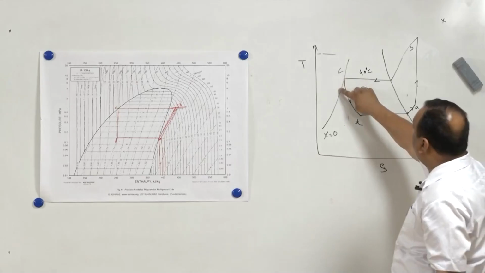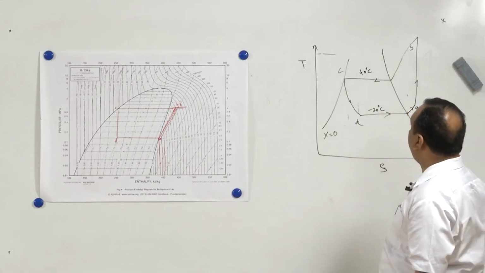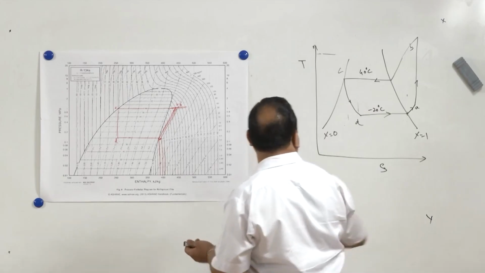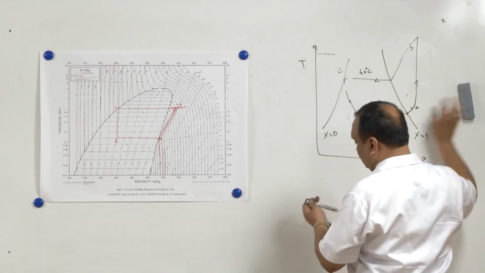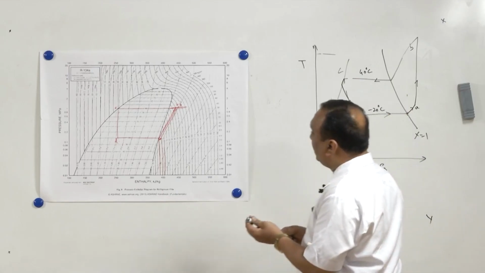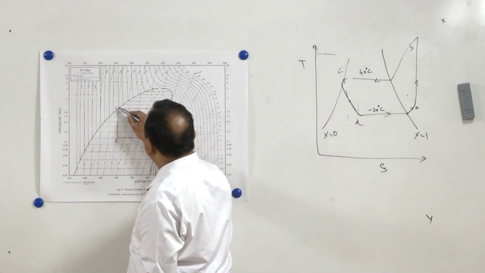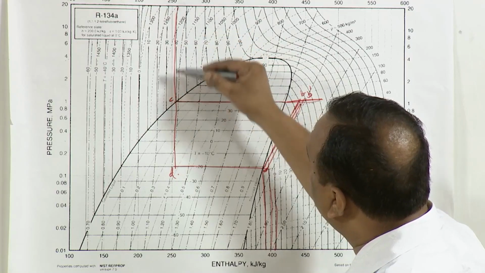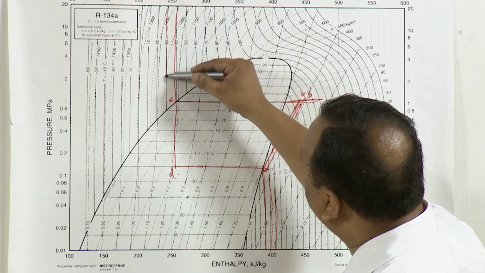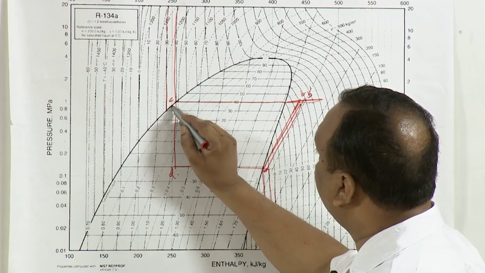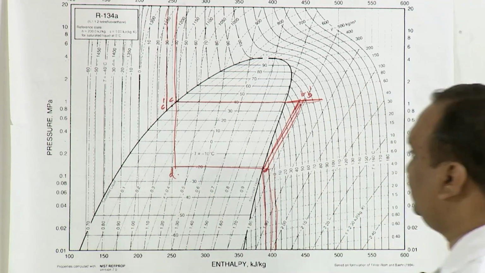Similarly, when subcooling takes place, if I say subcooling of 5 degree centigrade is taking place, first of all I will show it here. So, here also in this chart, this is the constant temperature 40 degree centigrade line, and this is the constant temperature 30 degree centigrade line. Now the temperature is 35, so this is the new point C dash.